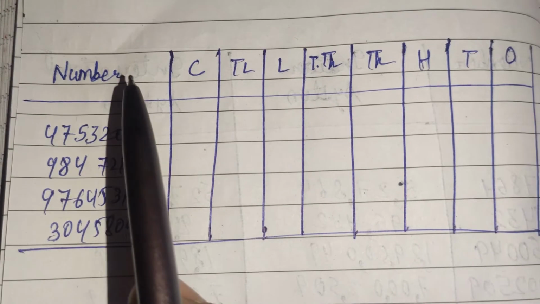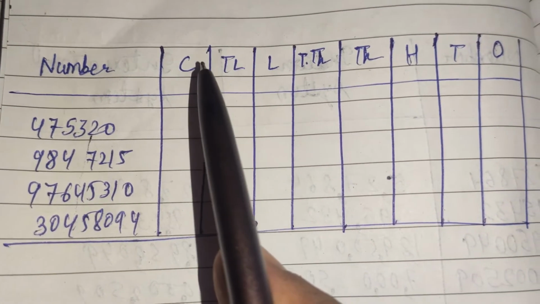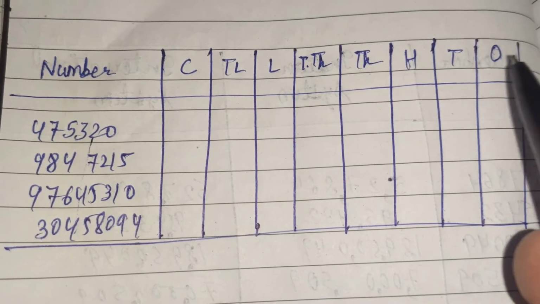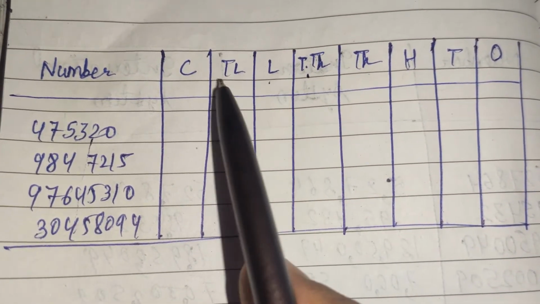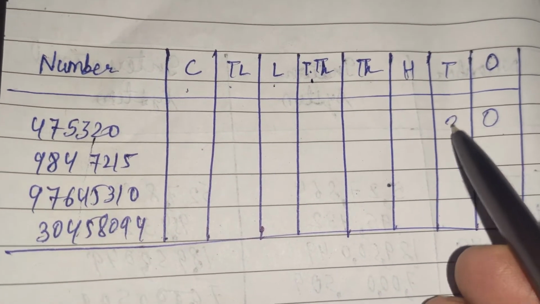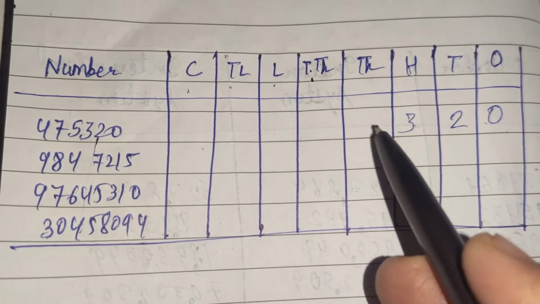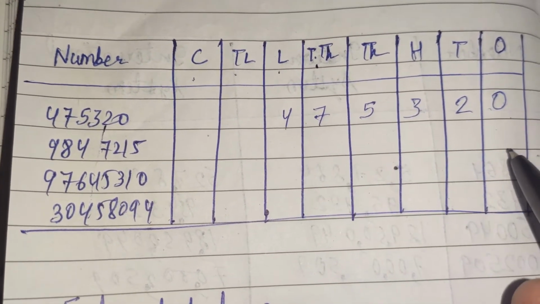Now first of all you will make like this: write numbers, then here place values: ones, tens, hundreds, thousands, 10,000, lakh, 10 lakh, crore. Now you will put the numbers according to this: 0, 2, 3, 5, 7, 4.